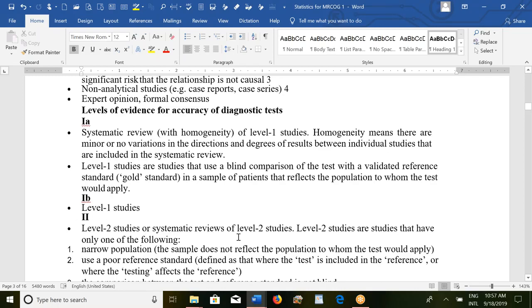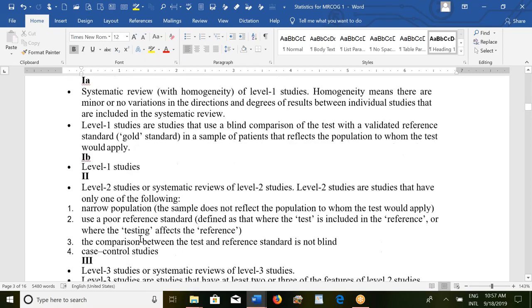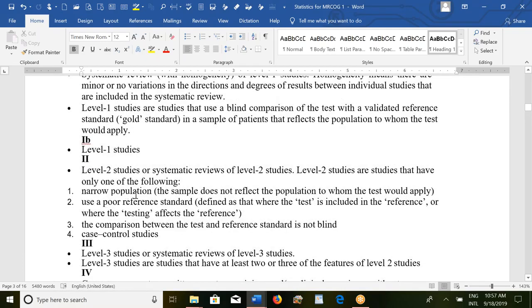And level 2 studies are the studies that have only one of the following: either they will have a narrow population, which is the sample doesn't reflect the population to whom the test would be applied, or they use a poor reference standard, defined as a test where the test is included in the reference or where the testing affects the reference.